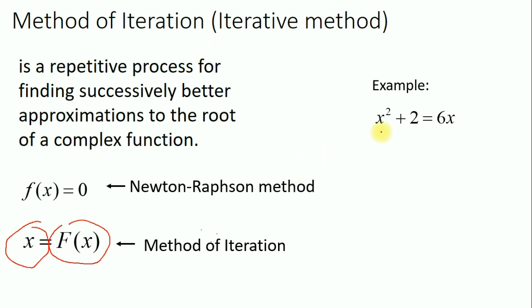Now, if you are asked to find a solution for this equation, and you are using Newton-Raphson method, then first you must rearrange it into this form: x squared minus 6x plus 2 equals 0. Then you have to let f(x) be this part.